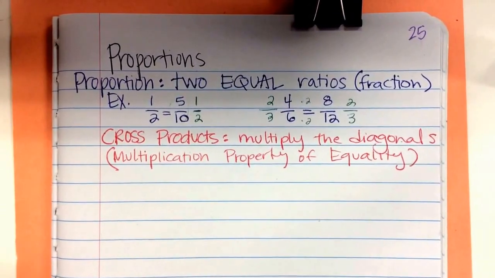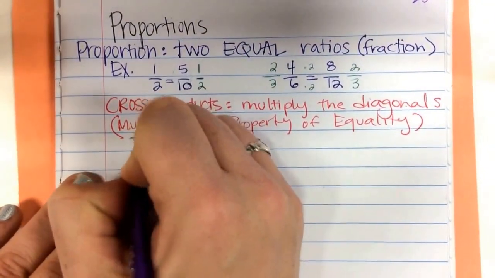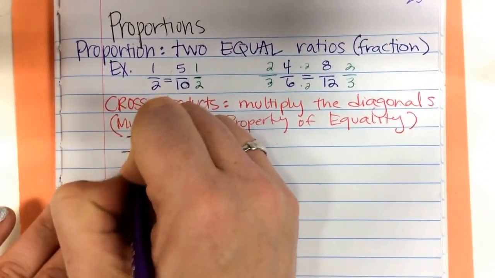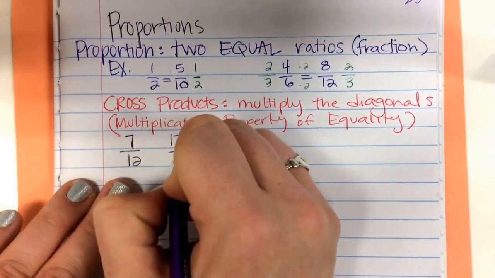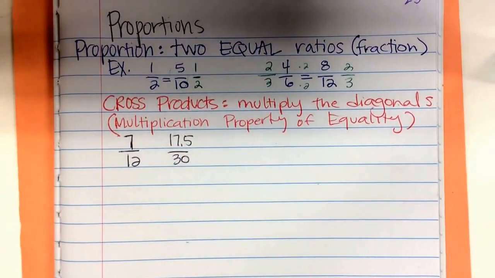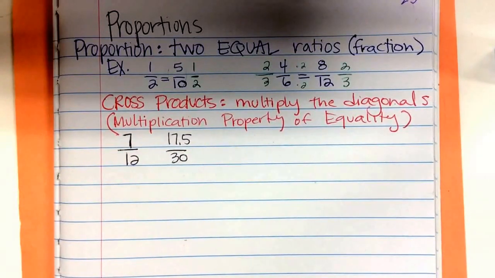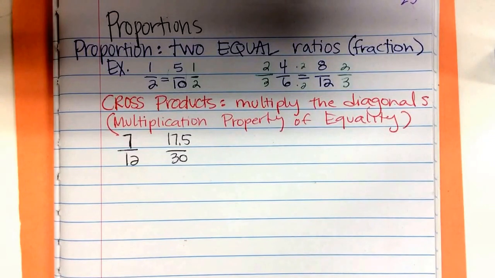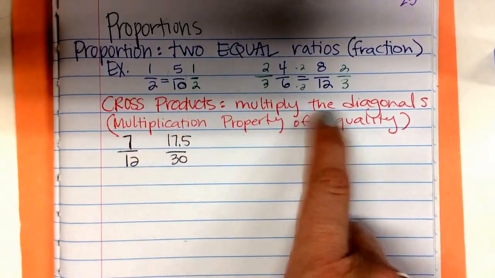Because if I show you this proportion, 7 over 12 and 17.5 over 30. I don't know. Maybe. So we're going to cross products, multiply the diagonals.